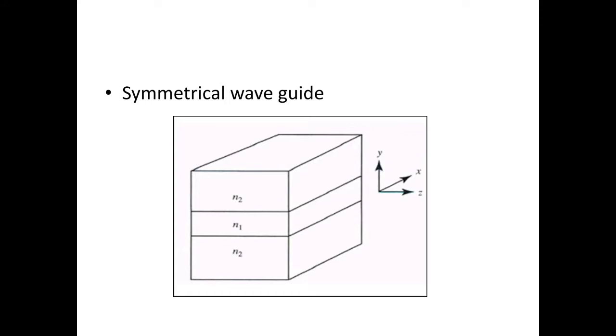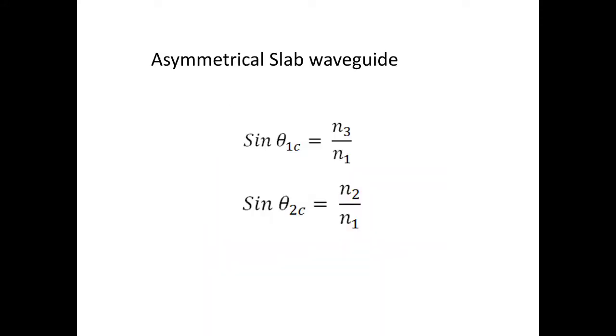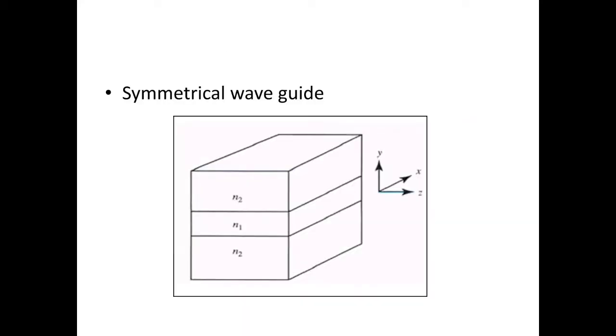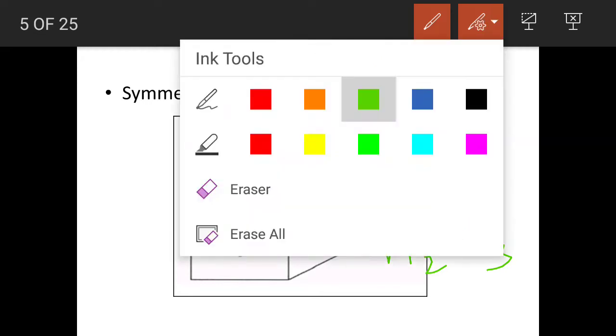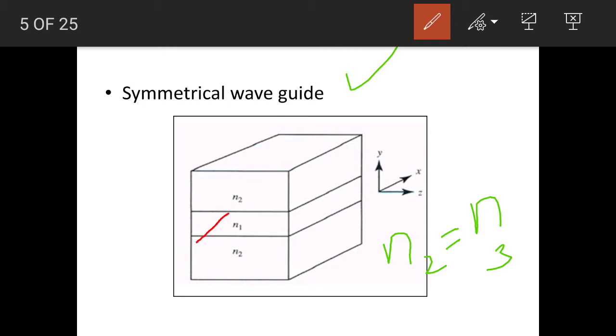Now we consider the symmetrical slab waveguide. You see, in symmetrical slab waveguide, N2 is equal to N3. The refractive index of the top layer will be equal to the refractive index of the bottom layer. If this is the case, then the waveguide is known as symmetrical waveguide. The light ray travels in the central layer of these waveguides.